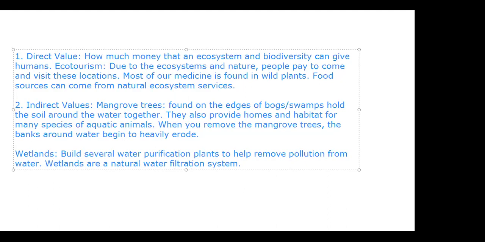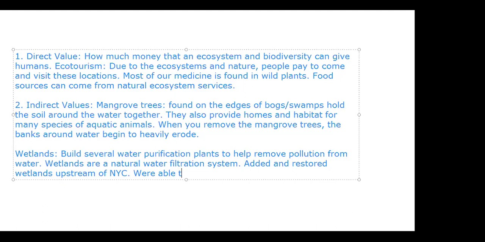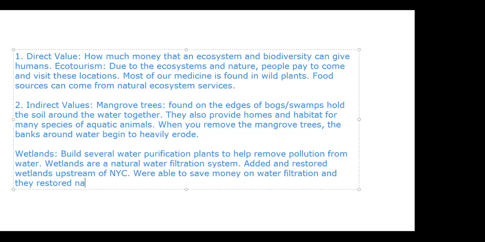Okay, and so what they did instead, I believe they still built one of the purification plants, but instead of building the other ones, they added and restored wetlands upstream of NYC, of New York City. Okay, this natural process where they added back into it, they were able to save money on water filtration and purification, and they restored natural habitat.